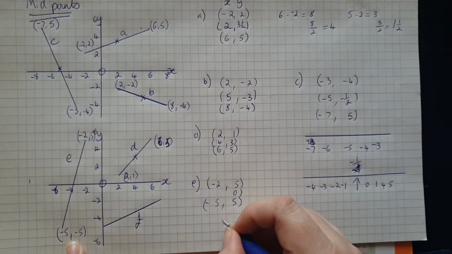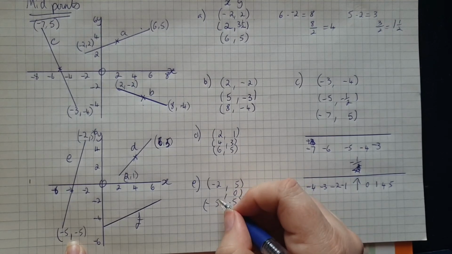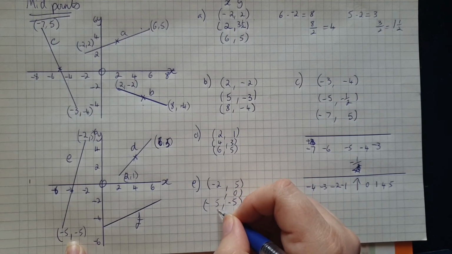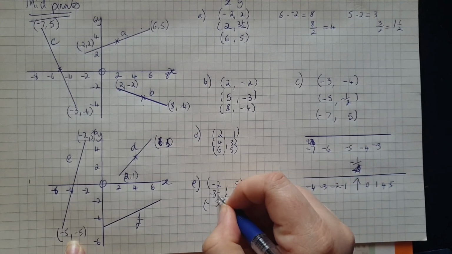Well, that midpoint is obvious because that's a 0. -2, -5. The midpoint is -3.5.